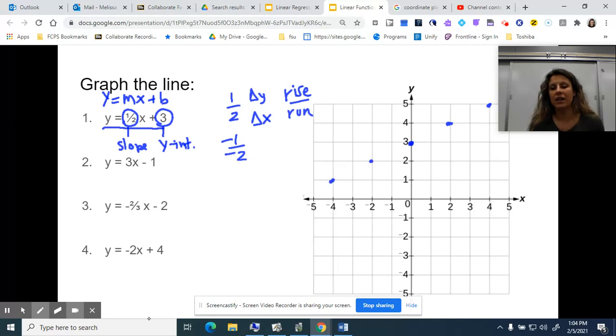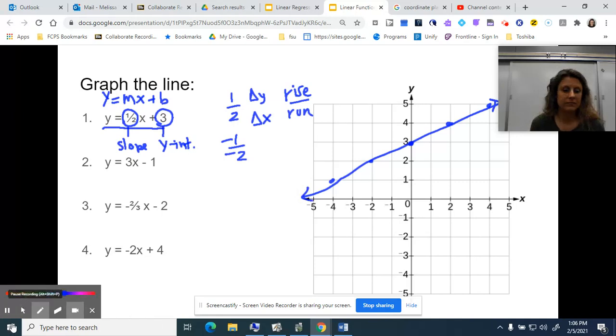Okay, I would connect those points in a straight line, and there is my graph. Okay, so there is our line for y equals 1/2 x plus 3. I'm going to change colors so that way we can tell the difference between that one and the next equation.